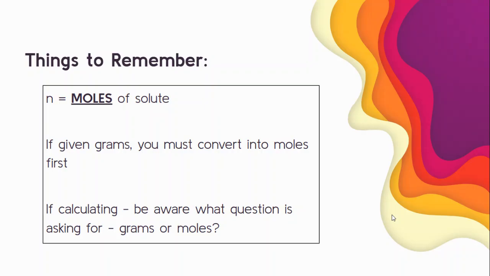Also, keep in mind what I'm asking for. So in a problem, if I'm asking you to solve for n, make sure you're aware of whether I'm asking you to give me moles as your final answer or to convert it into grams. Typically, it doesn't make sense for us to have an answer in moles because, again, our balances don't measure in moles, they measure in grams. So I'll typically ask for grams, although I could also ask for moles.